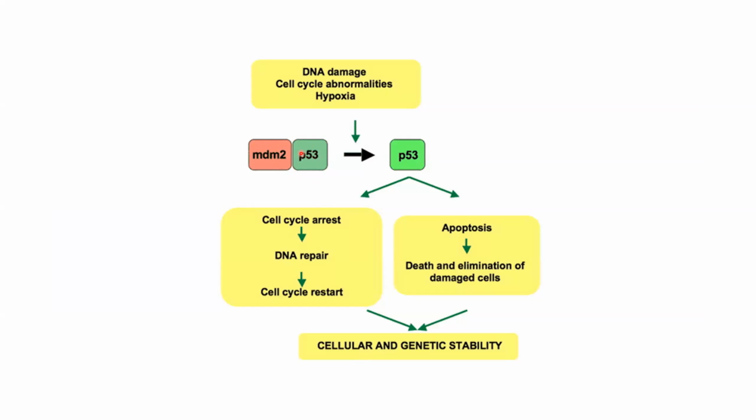When ATM proofreads your DNA and finds an error in the DNA, ATM will come over here and take this MDM2 off. P53 will get activated, and P53 will put the cell into cell cycle arrest, where it pauses the cell cycle. It initiates repair, and if it's able to repair, it goes back to the cell cycle. If it's not able to repair, it undergoes apoptosis, which is programmed cell death. As you can imagine, both of these outcomes lead to genetic stability.